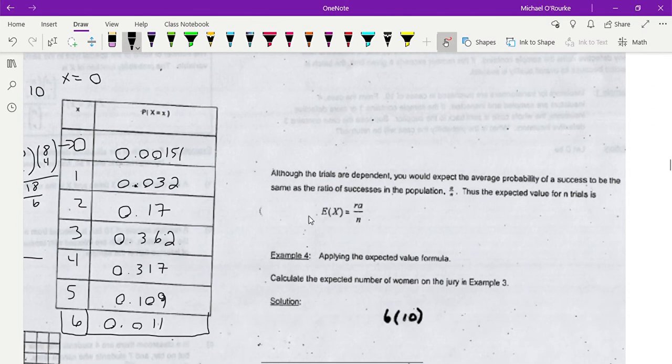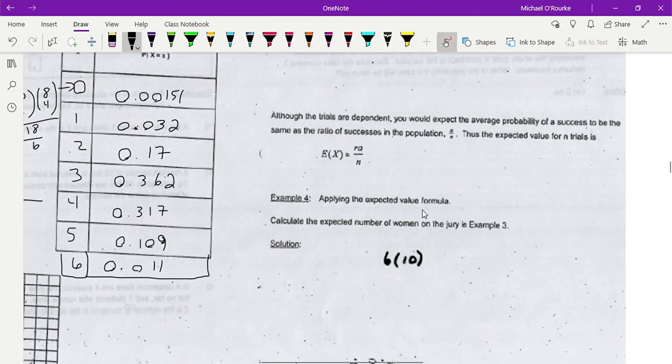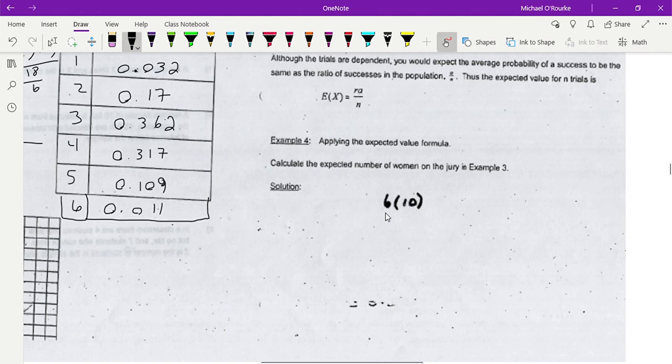The expected value is r times a divided by n. In our case, r is 6, a is 10, and we divide it by 18, which will give you an expected value of 3.3, which means you would expect 3.3 women on that jury every time.